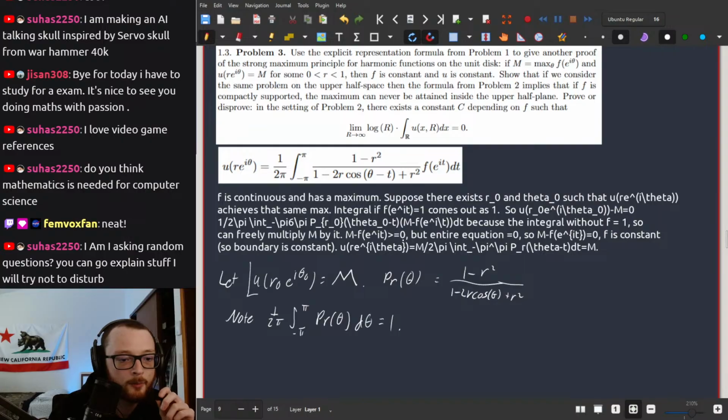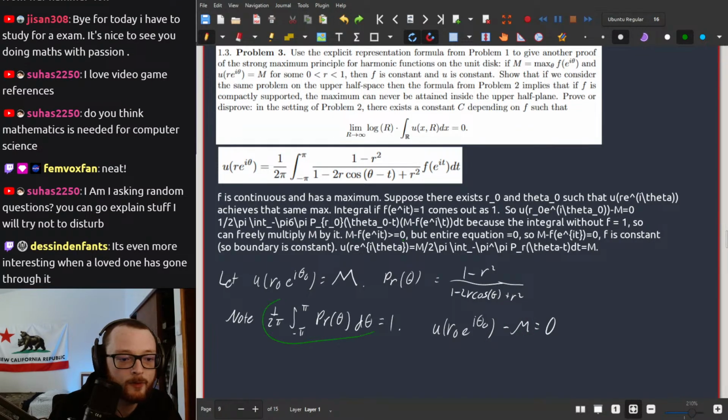We're letting the particular point where u achieves the maximum be that r naught, theta naught. And then we're going to consider u(r0, theta0) minus m equals 0. On u, we're going to use the integral definition. On m, we're going to remember that this thing is just 1, so we can freely multiply this by m, or freely multiply m by that.